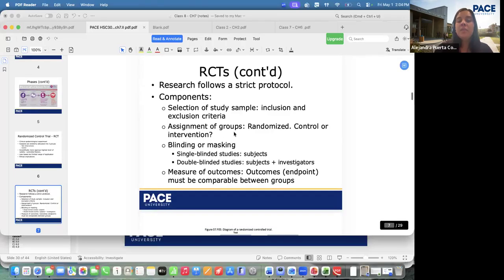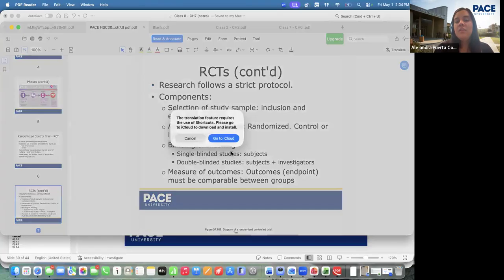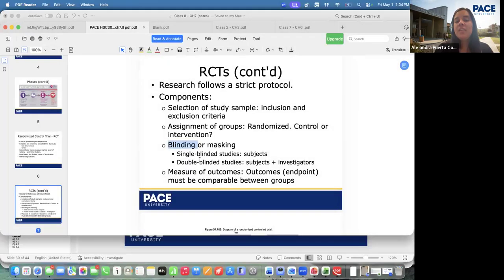So, how am I going to help the bias? I'm going to blind either the subjects for single blinded or the subjects and the investigator for double blinded studies, right? What will that help with? Or which bias will that help with?